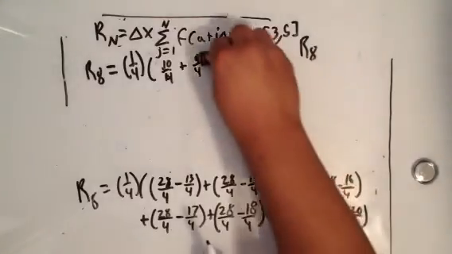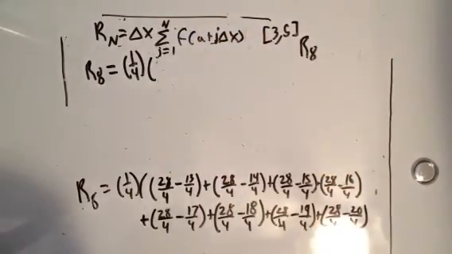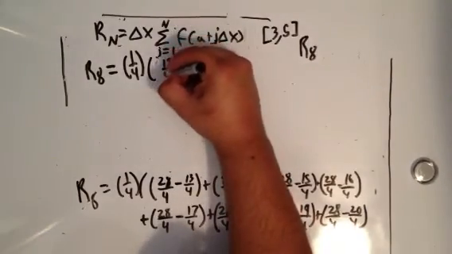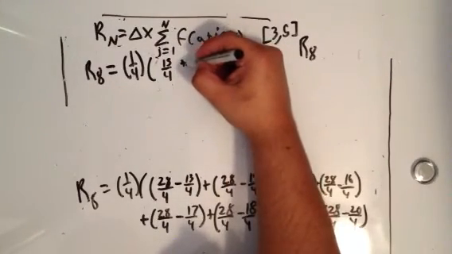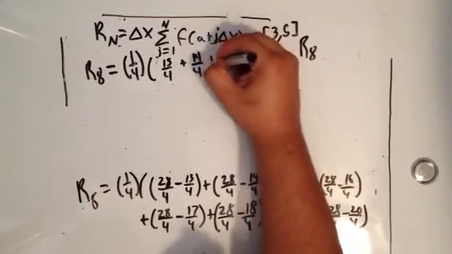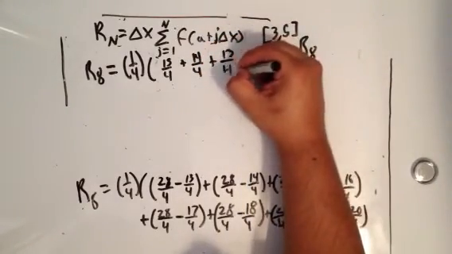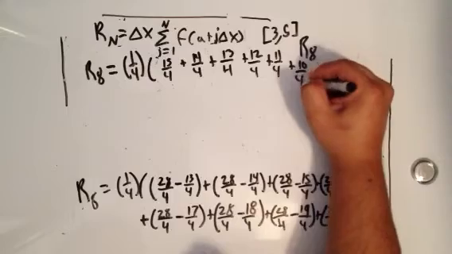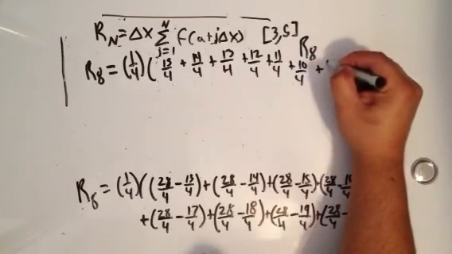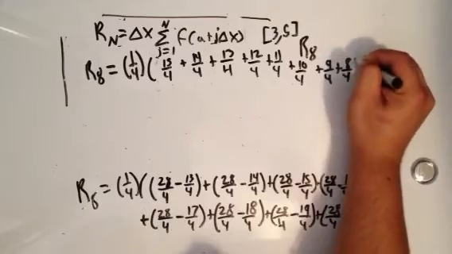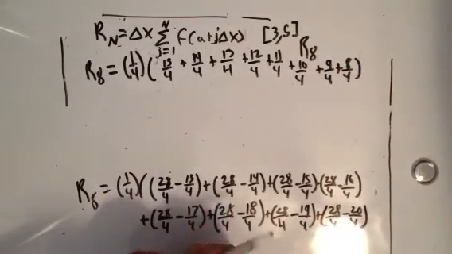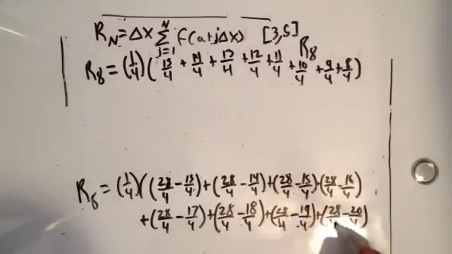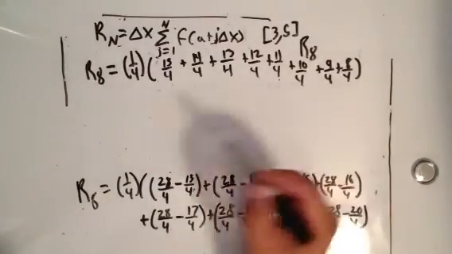Hold on, no, that isn't right. 15 over 4 plus 14 over 4 plus 13 over 4 plus 12 over 4 plus 11 over 4 plus 10 over 4 plus 9 over 4 plus 8 over 4. So 1, 2, 3, 4, 5, 6, 7, 8.